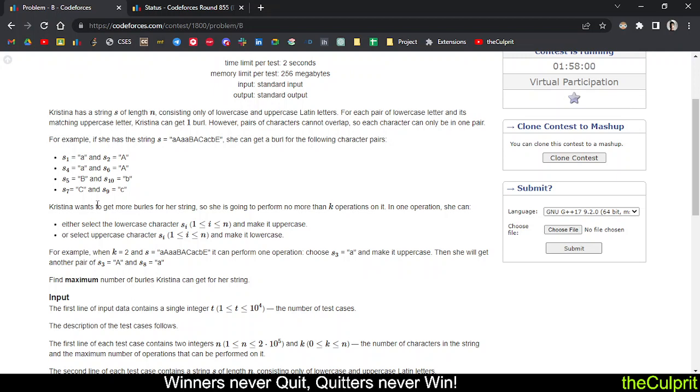I think to approach this question, one way would be to use a map kind of data structure which would store the ASCII values. Then iteratively in the map, we would keep on adding the characters as we encounter them.